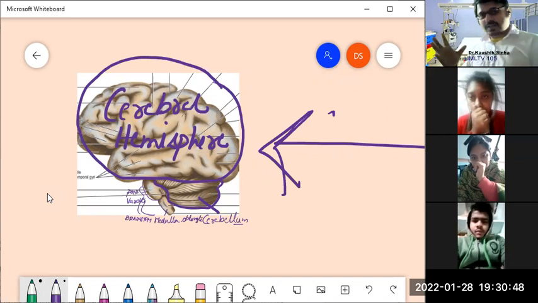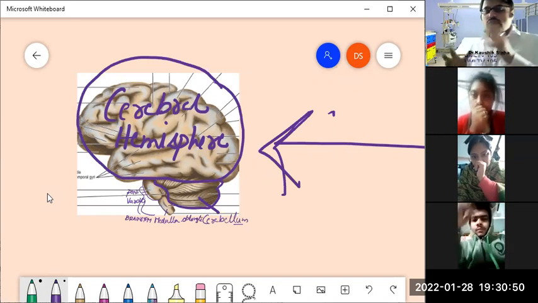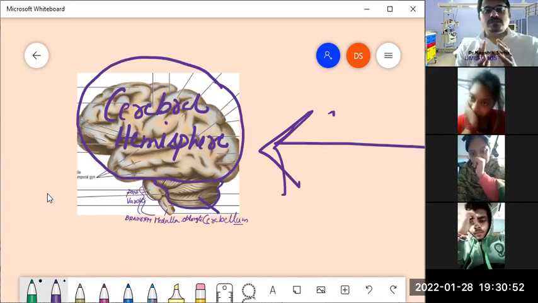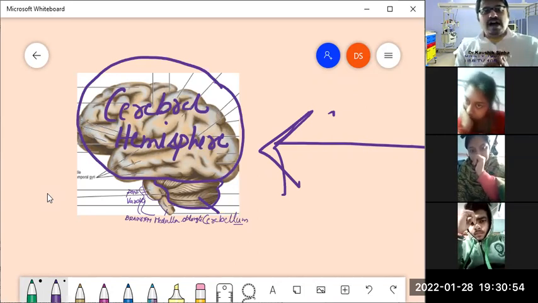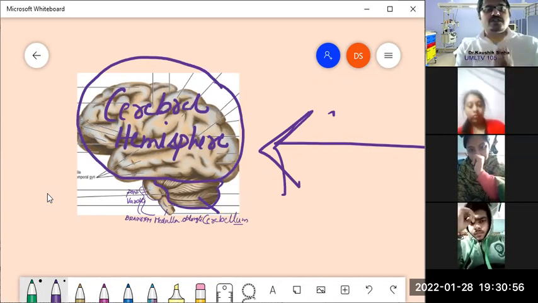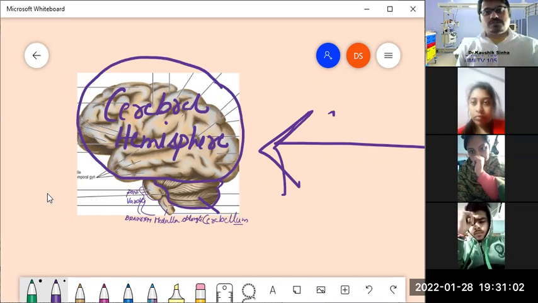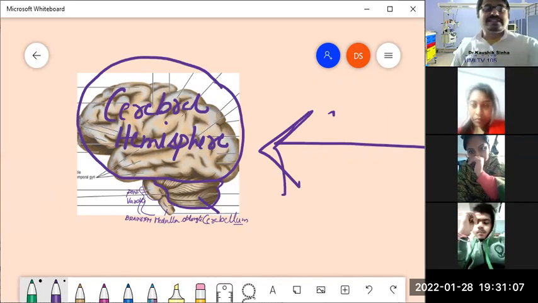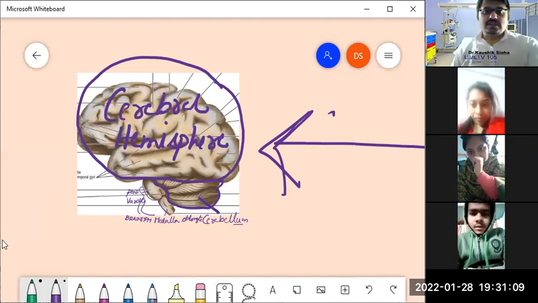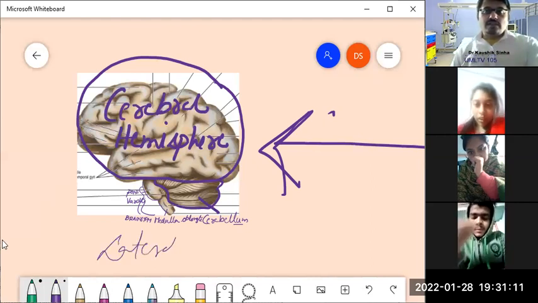Quite naturally, because the different views give us the idea of the different presentations and formations. Similarly, the brain also has different views. What you are seeing is the side view. We can call this the lateral view.